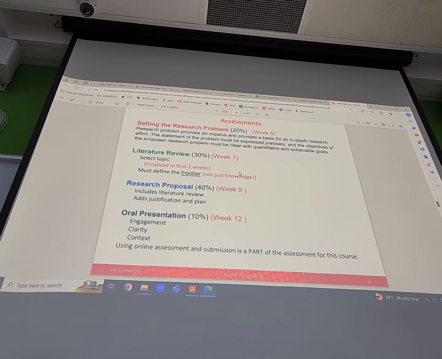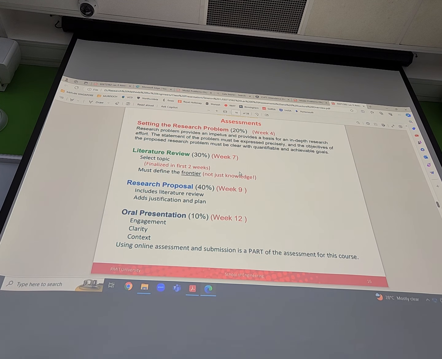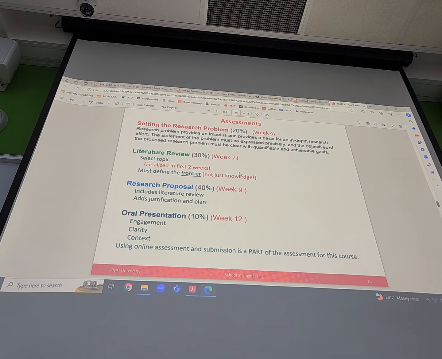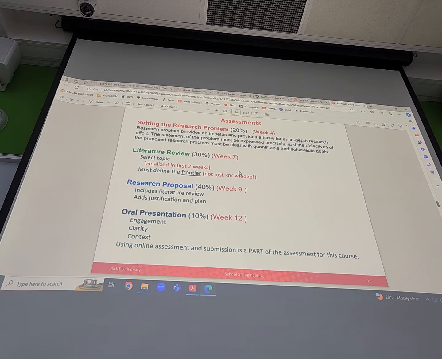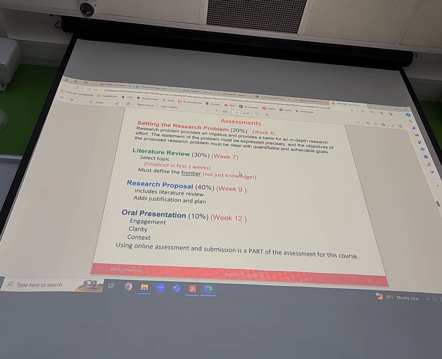So can we use back? Yes and no. Yes, the concept. No, you can't cut and paste. You got my point? You can take the concept, but we have to come up with a new context for it.